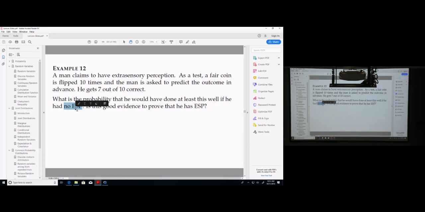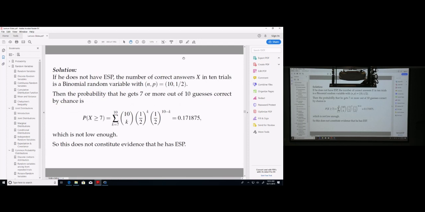So we want to calculate a binomial of 10, with at least 7 correct answers. So X is binomial in 10 trials, and it is because of the assumption of no ESP that we can pin down the probability of success here, all right?